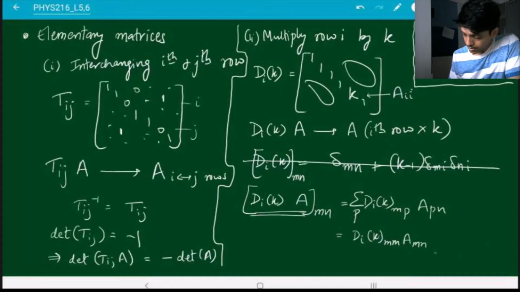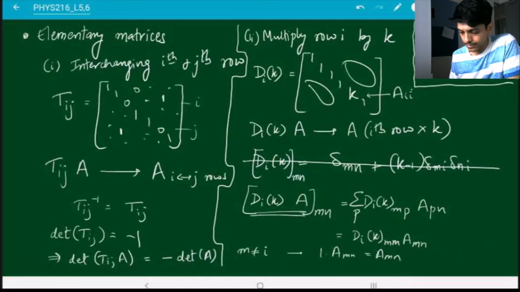Now you will notice that as long as m is not equal to i, everything is 1, since this i-th row over here is special. So when m is not equal to i, D_i(k) mm is just 1 times A_mn, which is A_mn. But when m is equal to i, this becomes k times A_mn.